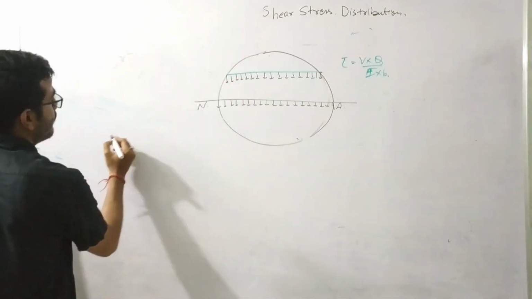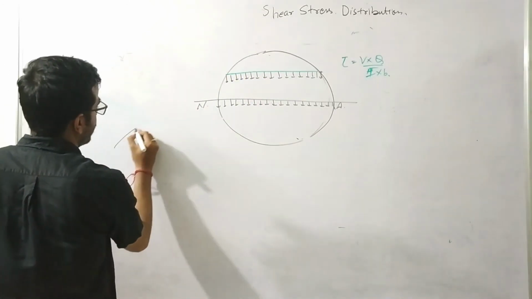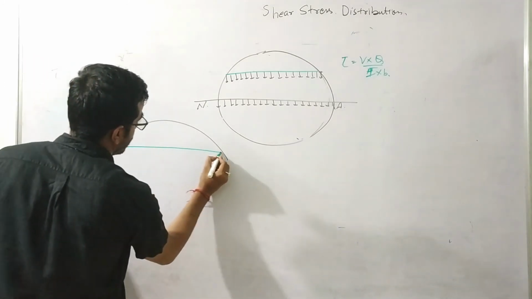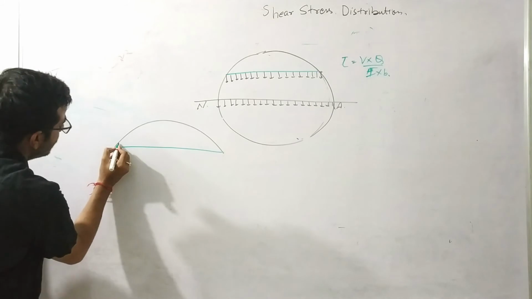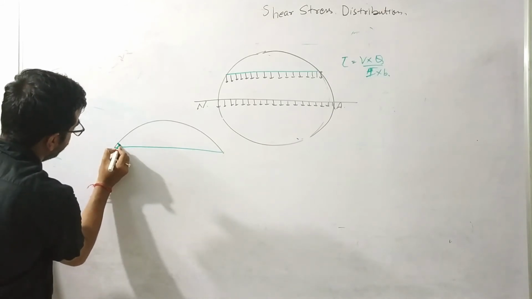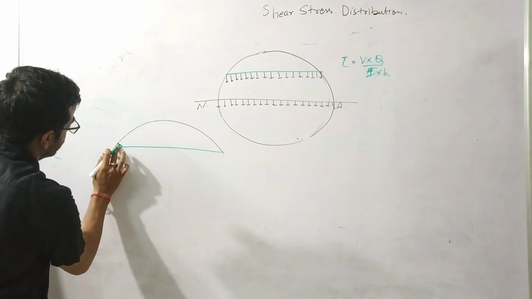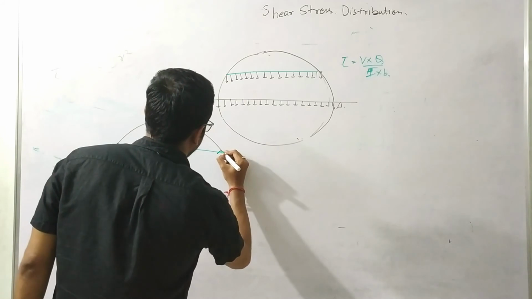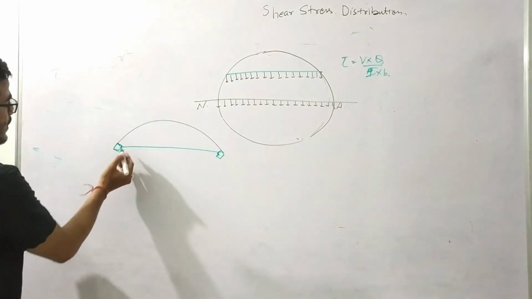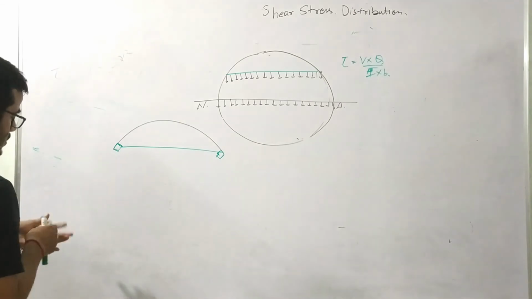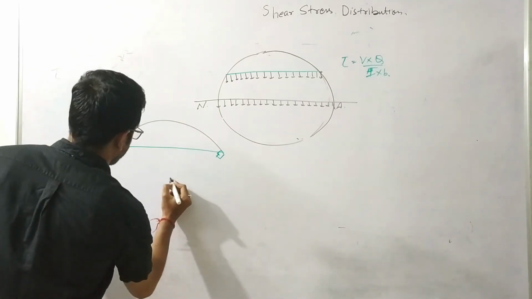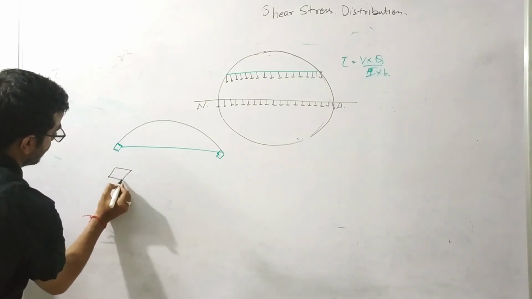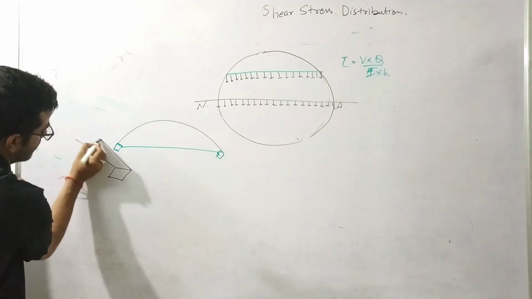If we look carefully at this level, if I cut the element over here, it will look like this, and it will be in the vertical direction.